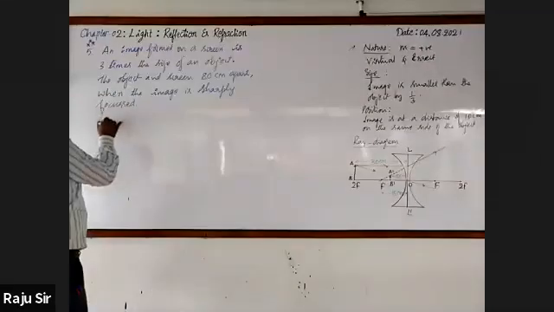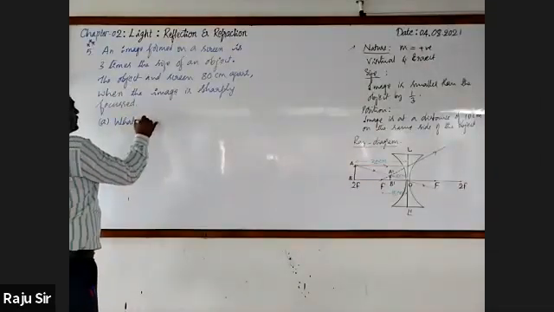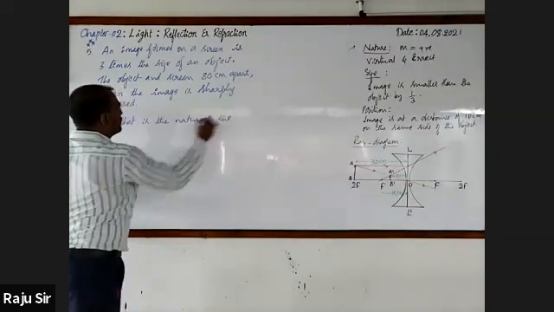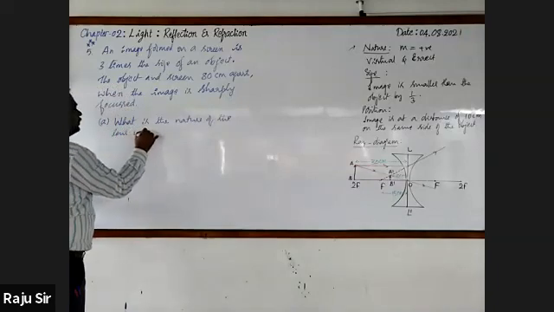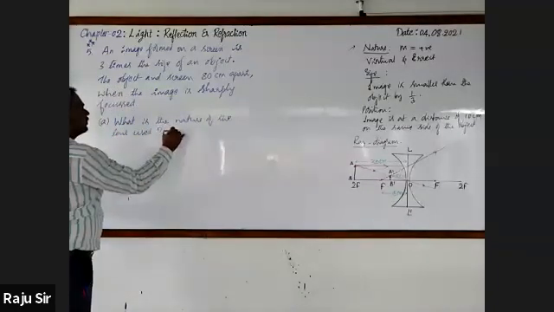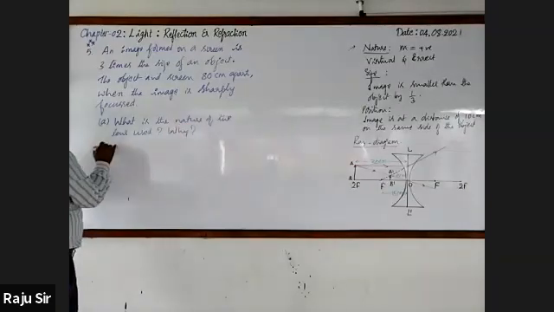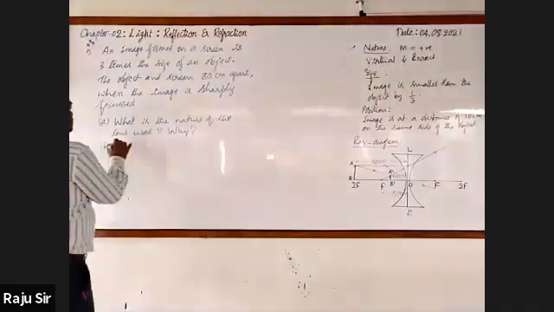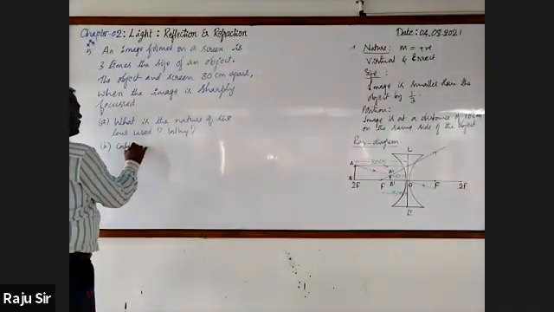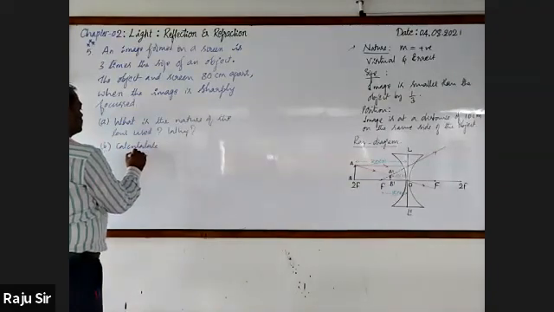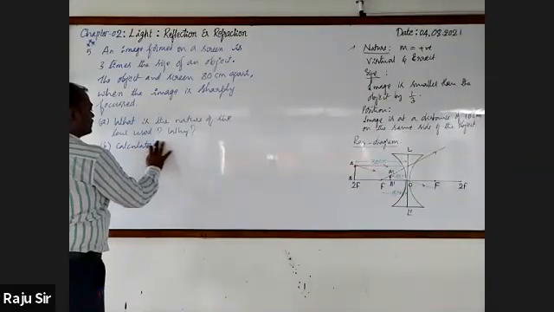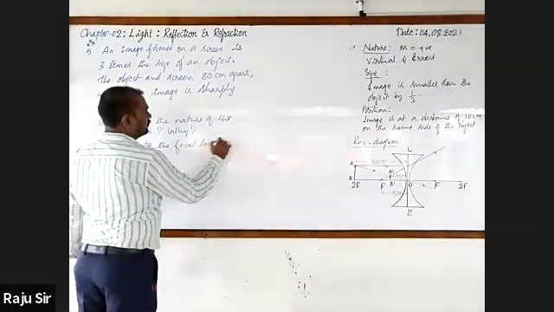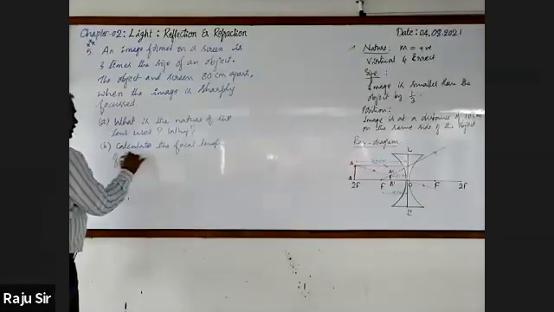The first sub question: what is the nature of the lens used? Why? B: calculate the focal length of the lens.